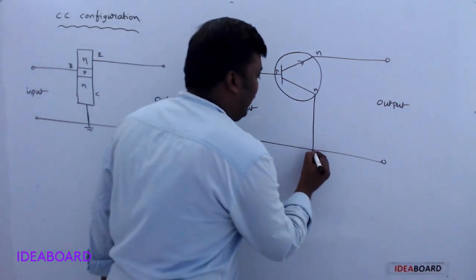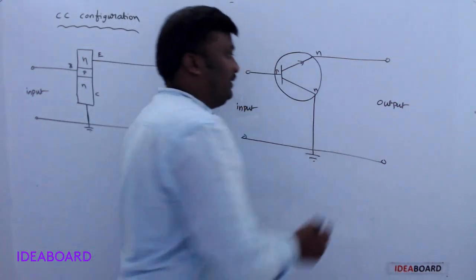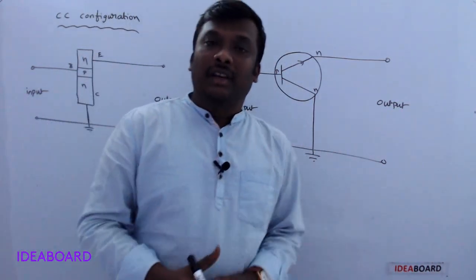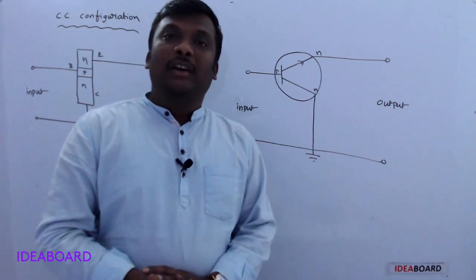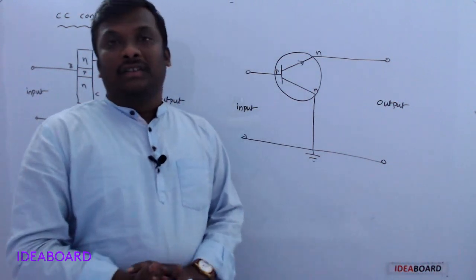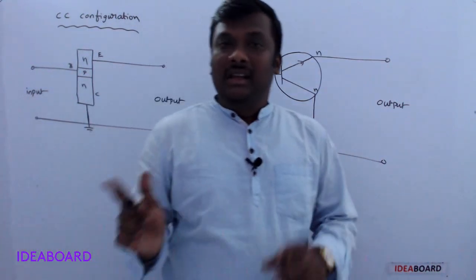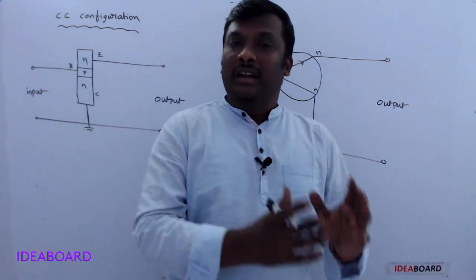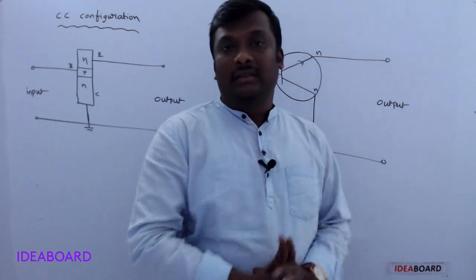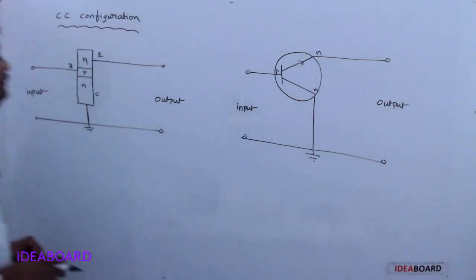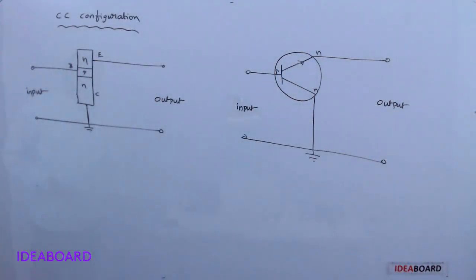Okay, and collector terminal is earthed. In this way, there are three types of transistor configurations. First one is common base, second one common emitter, and third one is common collector. Understand? Please note it down.